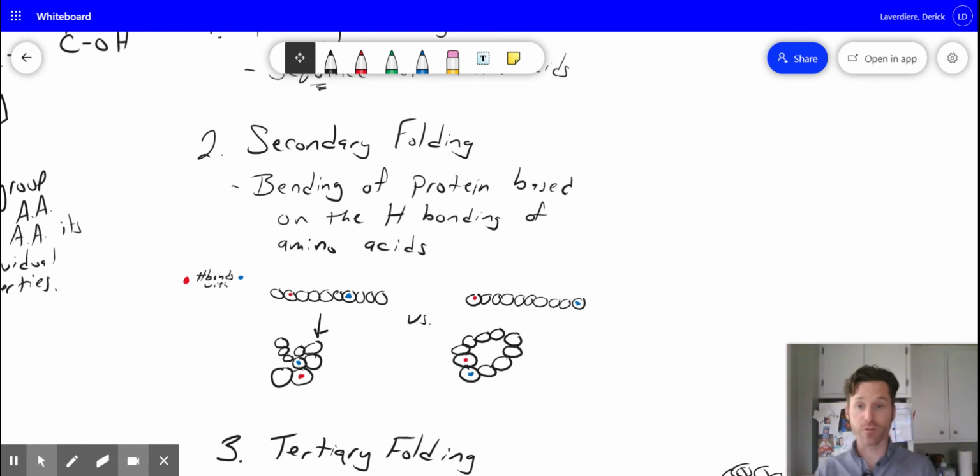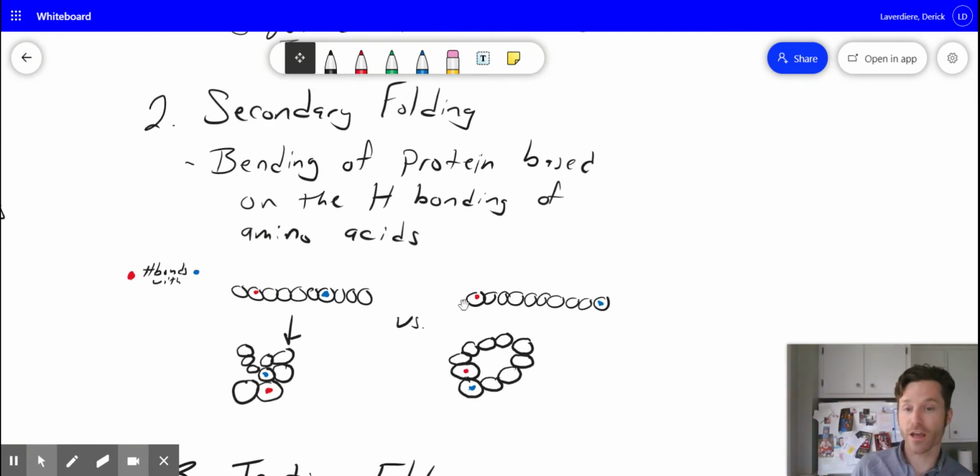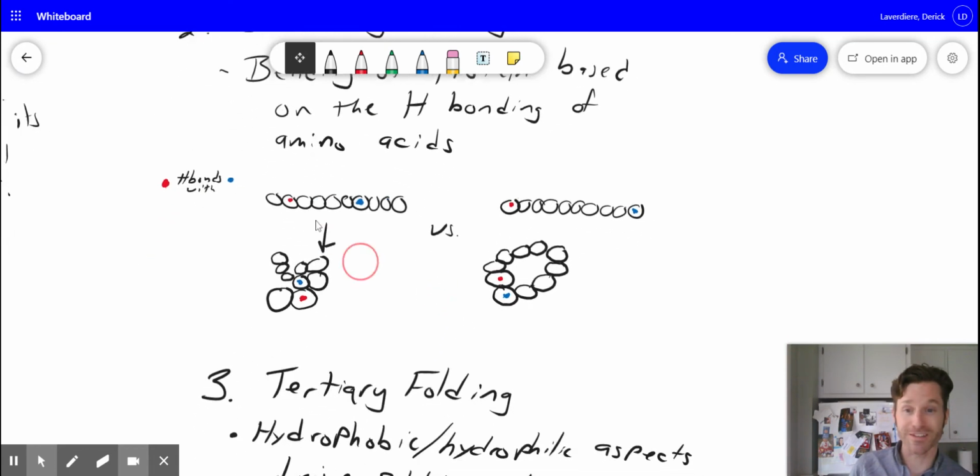And the secondary folding is driven almost exclusively by hydrogen bonding within the protein between different amino acids. And so here I have 2 examples using 10 amino acid long proteins. Now, proteins are hundreds of thousands of amino acids long, but here we are using 10 because I only want to draw 10. So that's what you get, right?